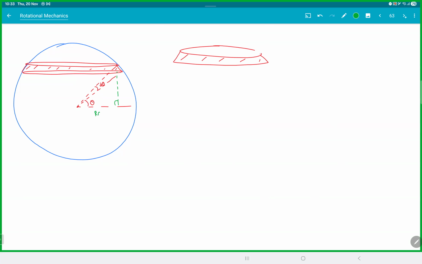Perpendicular, so this will be r cos theta. This is r cos theta and this is r d theta. Axis is passing through the center. So area of the ring, circumference 2 pi r cos theta into width r d theta.